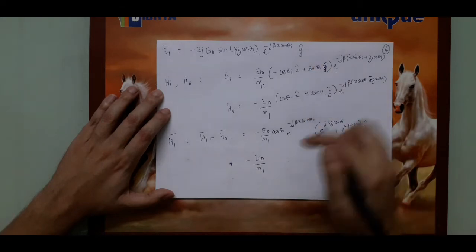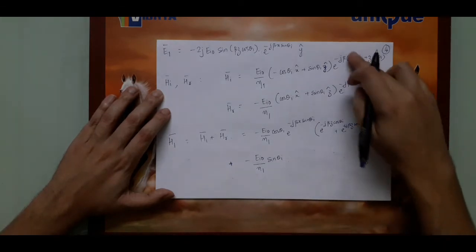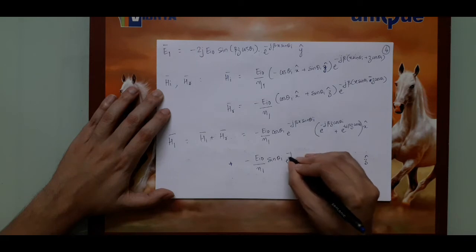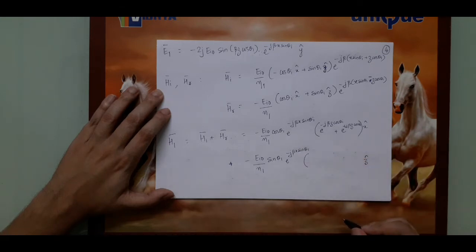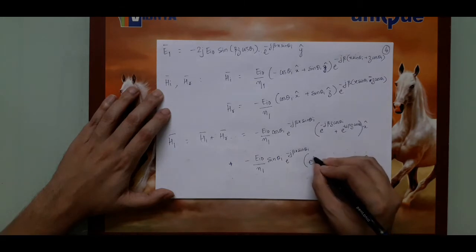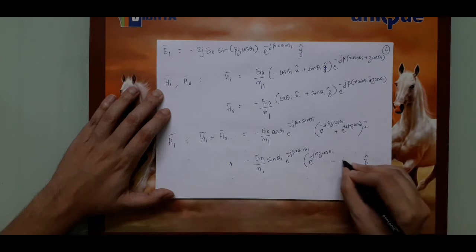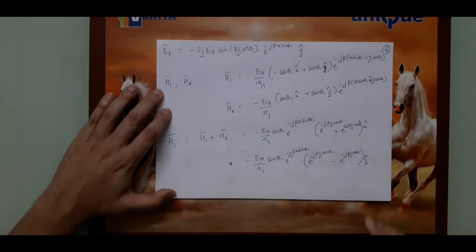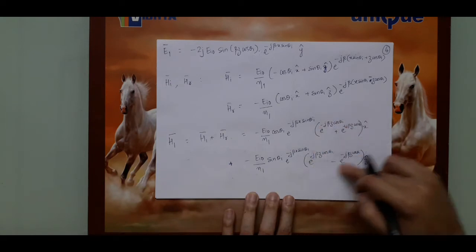The other thing that will be common is sine theta I. The other thing that will be common is this exponential, just like this one. Now the bracket term will be e raised to j beta z cos theta I minus e raised to minus j beta z cos theta I. Yes. So this will correspond to a cos term and this will correspond to a sine term.